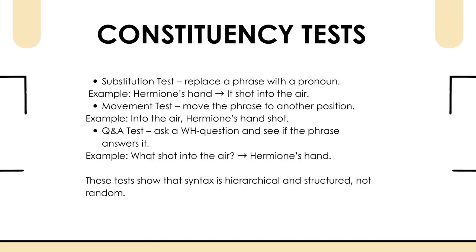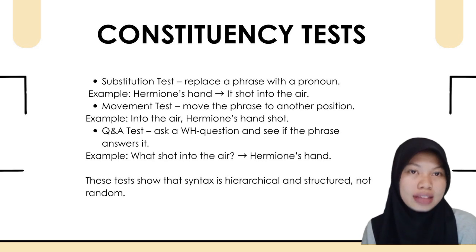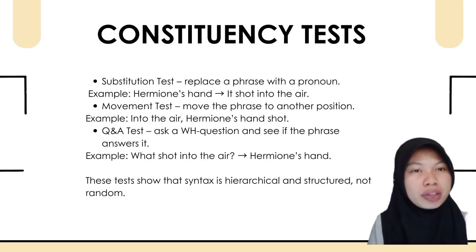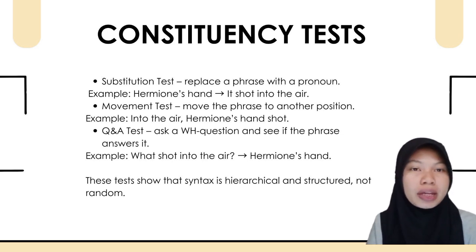Next is the constituency test. I applied three constituency tests to check if a group of words forms a complete grammatical unit. The first is the substitution test, where we replace a phrase with a pronoun. For example, Hermione's hand shot into the air becomes it shot into the air.